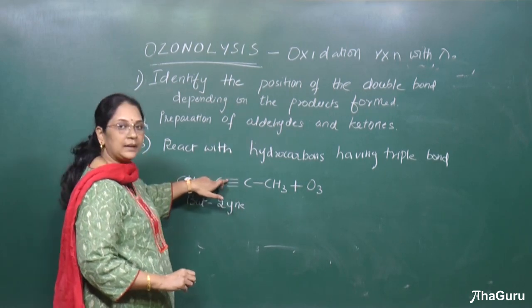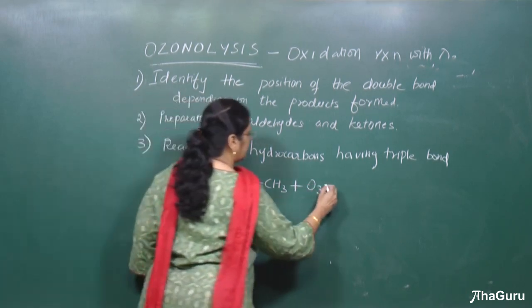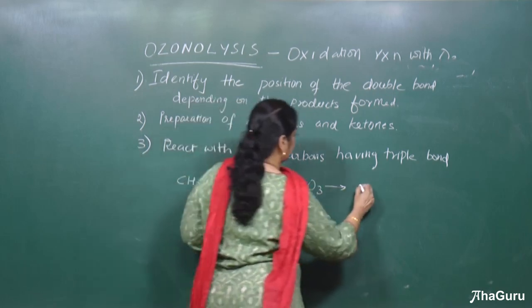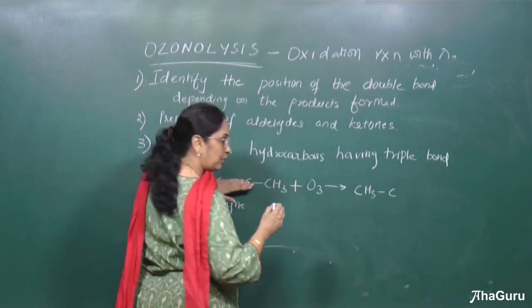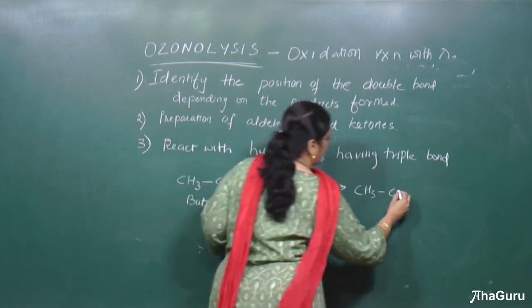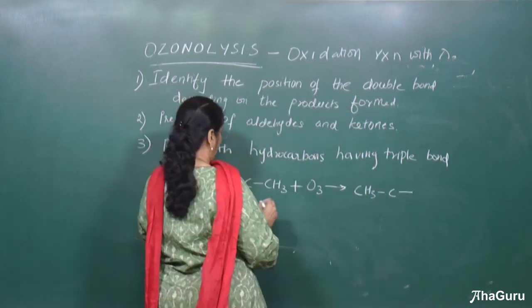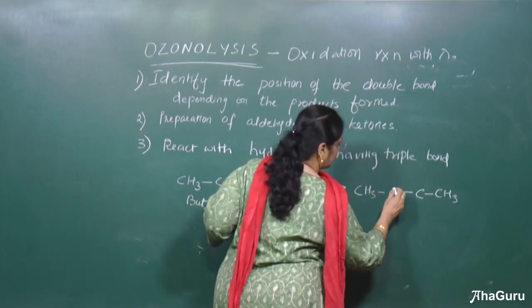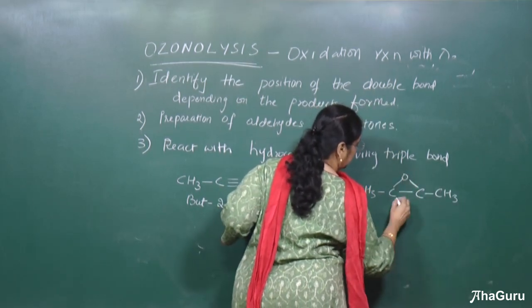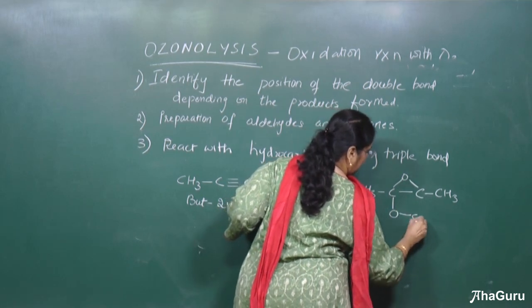It will not cleave the third bond. So, the intermediate will look like this, that is CH3C. We have to cleave only these two bonds. So, I will keep one single bond here, then I will have CH3. So, across this I will add the 3 O's like this, ozone.